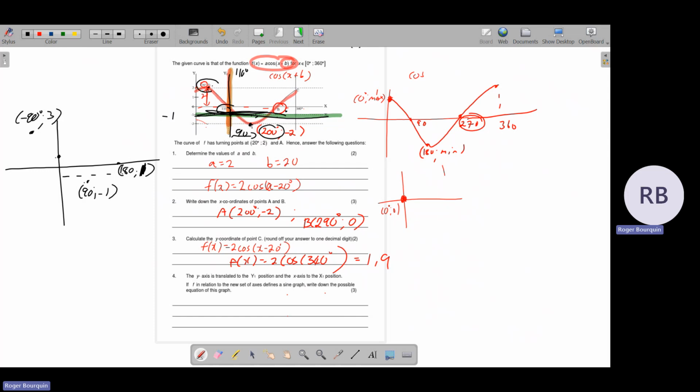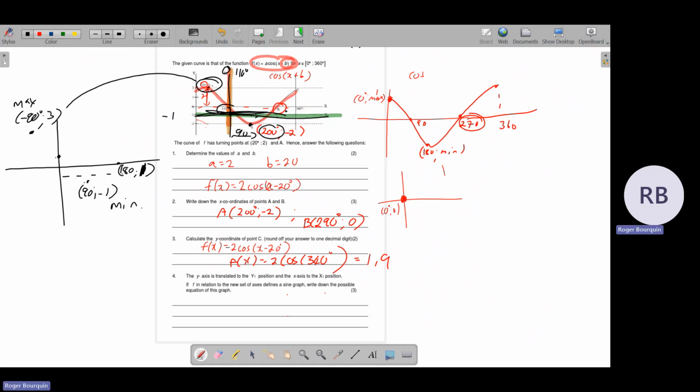This point went with this point over here. This y-axis is now 110. So this is the new naught. To get from 110 to 20, you've got negative 90 to the left. So this is my maximum value, and this over here is my minimum value.